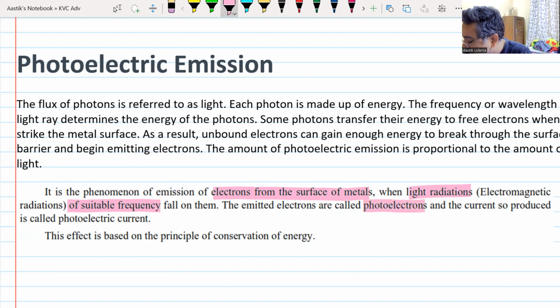The emitted electrons are known as photoelectrons, and the current is known as photoelectric current.